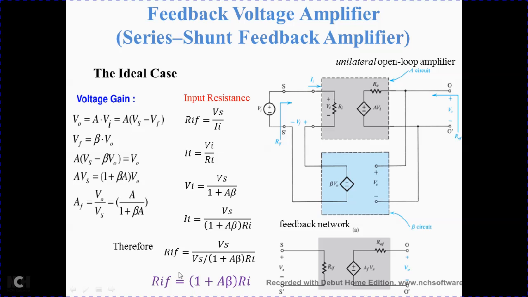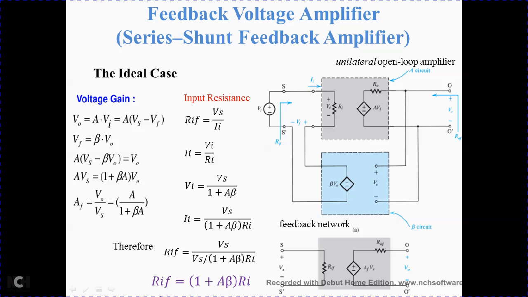You can see the input resistance of a voltage amplifier with feedback is increased by a factor of 1 plus A beta compared to the input resistance of an open loop amplifier without feedback. Without feedback the resistance is Ri, and it is multiplied by 1 plus A beta, meaning it is increased by 1 plus A beta.